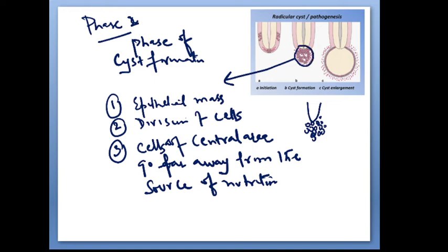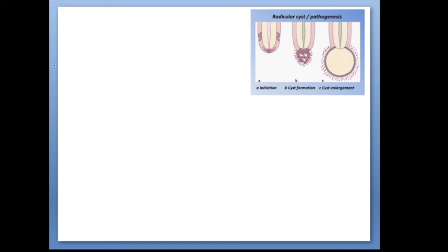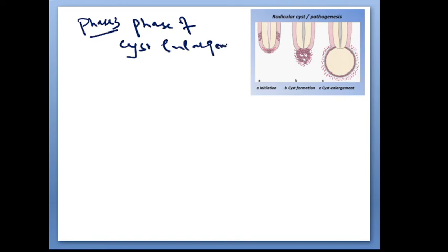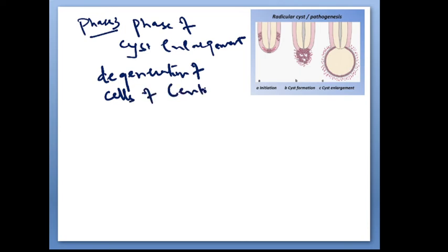Then number three is the phase of cyst enlargement. In this phase, the cells of the central area degenerate.